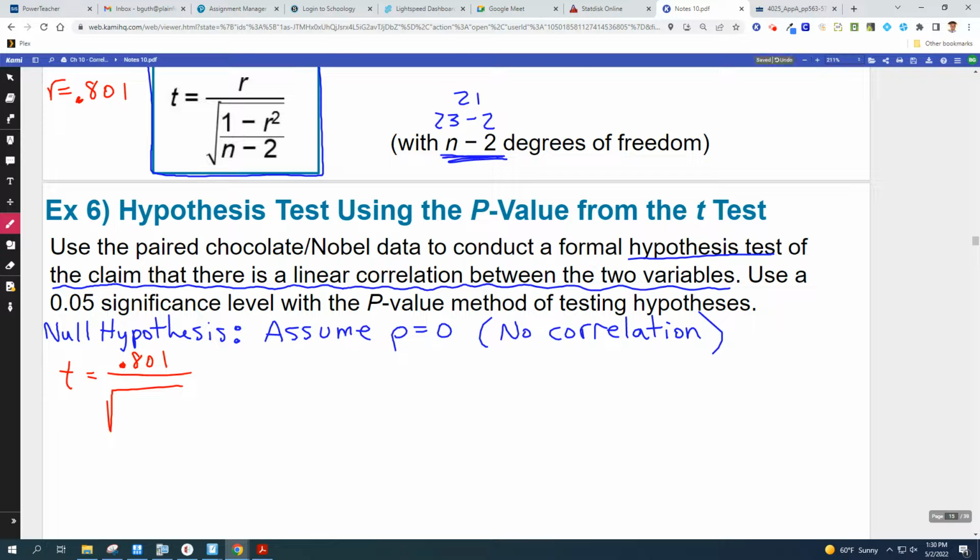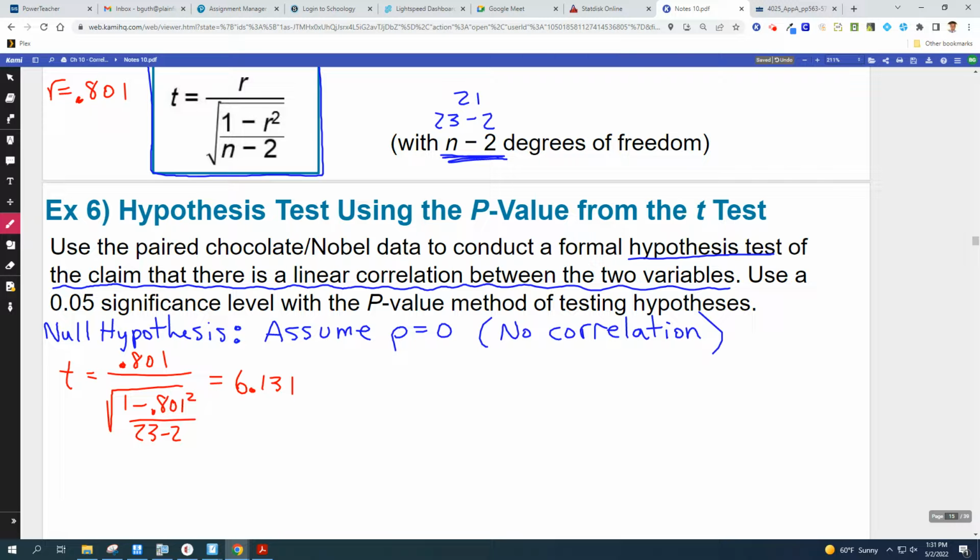So inside that square root, we're going to have 1 minus 0.801 squared over n minus 2, which is talking about that degrees of freedom. 23 minus 2 is 21. So once we do that calculation, I'm not going to type it in. Trust me on this. We get about 6.131. That is our t number there from that equation.